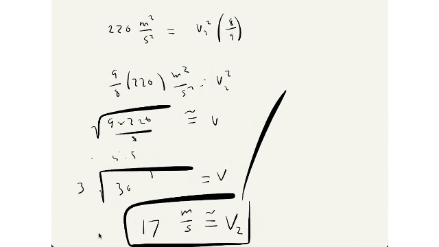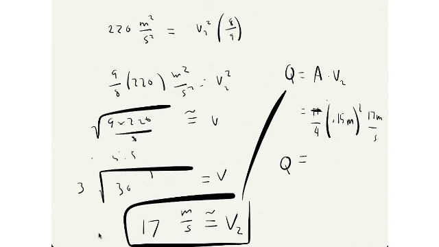So the volumetric flow rate, Q, is equal to the area times the velocity 2, which equals pi over 4 times the diameter squared, 0.15 meters squared, times 17 meters per second. What is 0.15 squared? It's a small number.